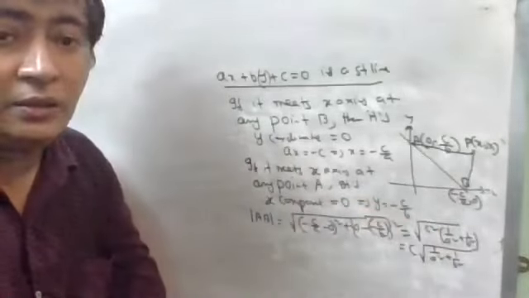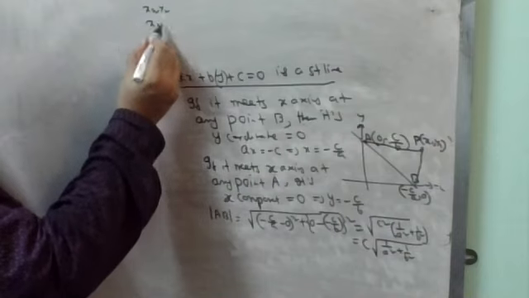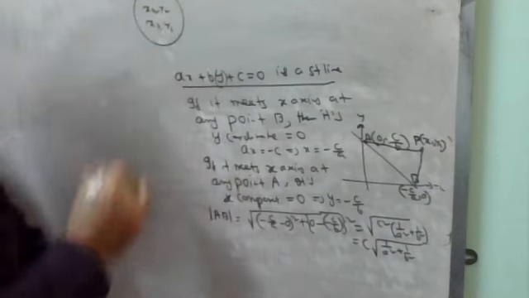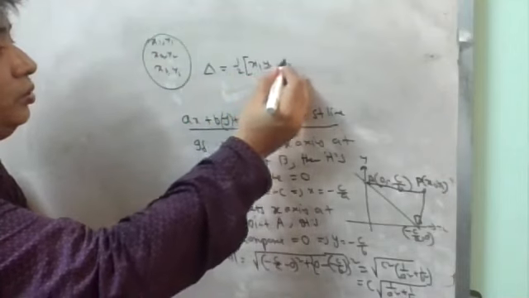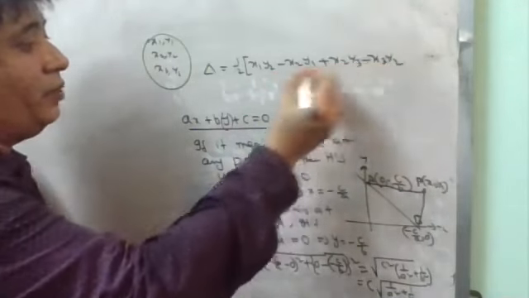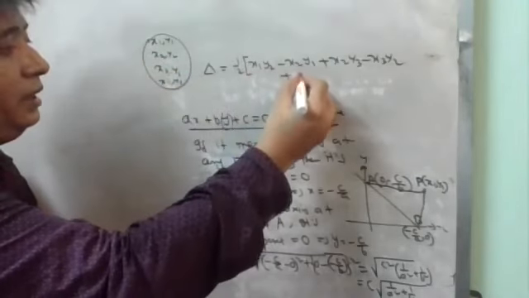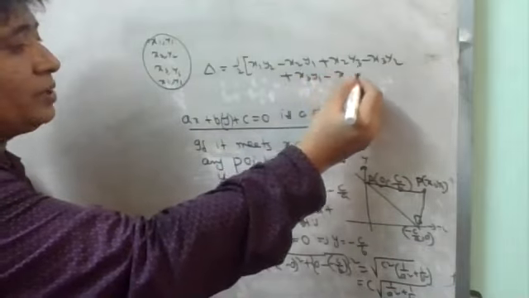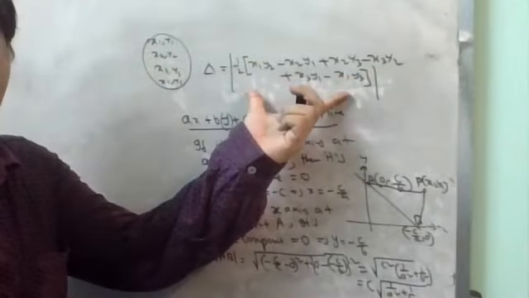Three points are given. Suppose three points are given: x1, y1, x2, y2, x3, y3. How do we find the area of the triangle using these three points? I hope you can memorize it: half of x1 y2 minus x2 y1, plus x2 y3 minus x3 y2, and again x3 y1 minus x1 y3. This is the area of a triangle formula.